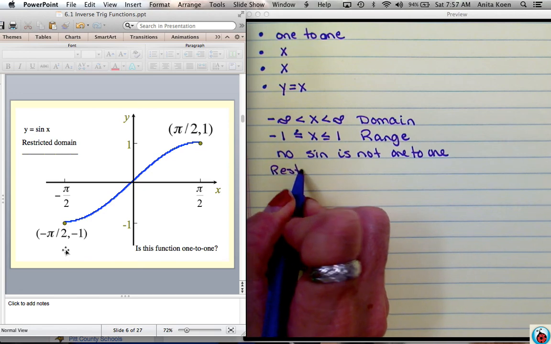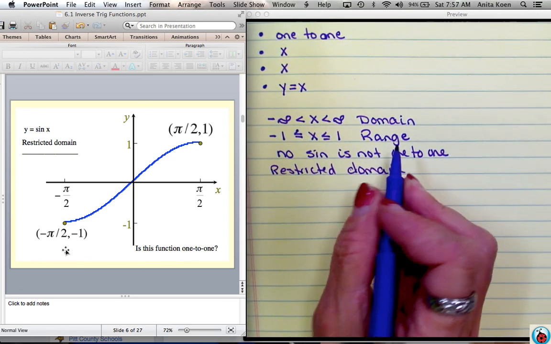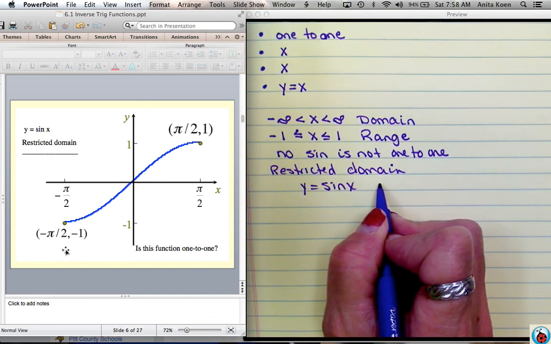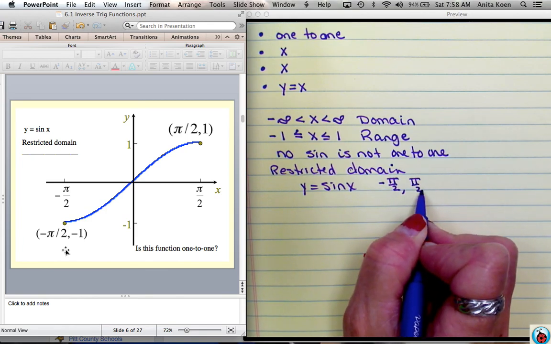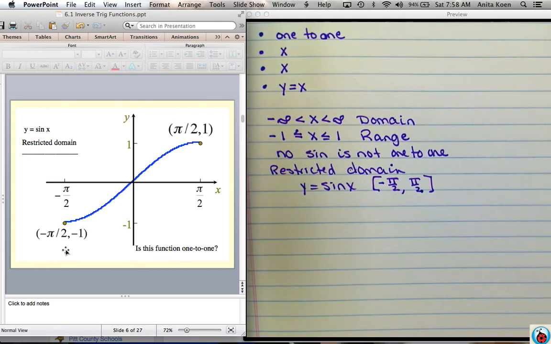So the restricted domain for the sine of x is negative pi over 2 to pi over 2 inclusive. This is your restricted domain. Because once we have restricted this domain, my function is now one-to-one. I could put a horizontal line test anywhere between negative 1 and 1 and see that we're only going to be touching one point at a time.